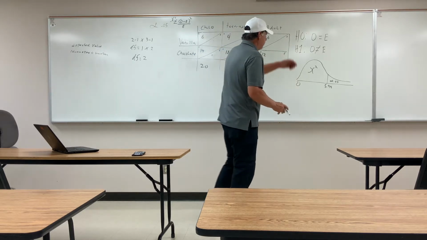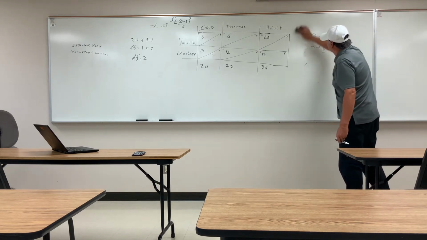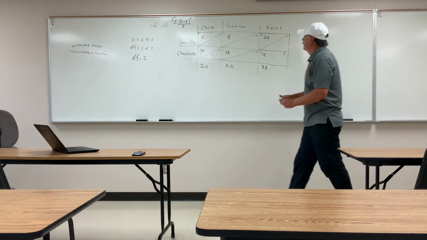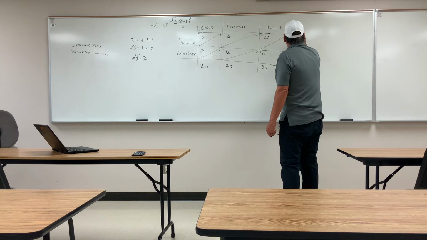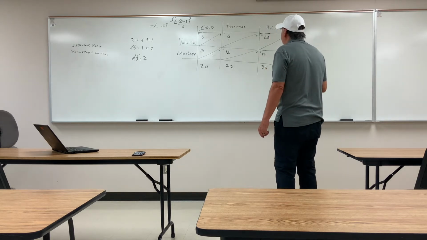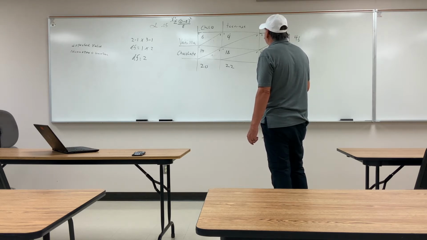So I'll have to erase my artwork here in order to do this. So I'll have to add this stuff up here. 6 and 4 is 10, should be 46. And then 14 and 18, should be, what, 33? Right?